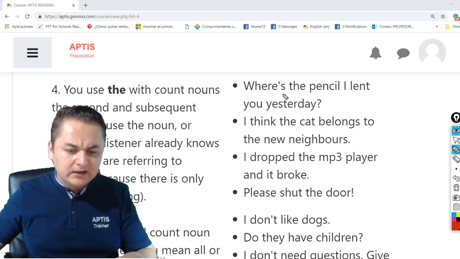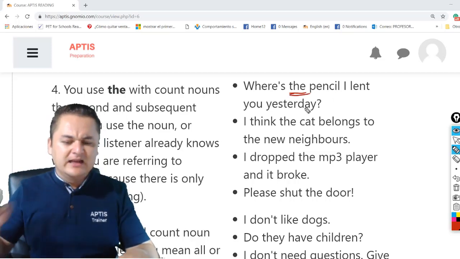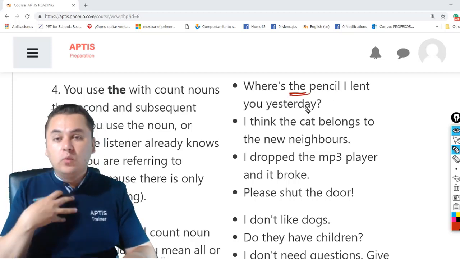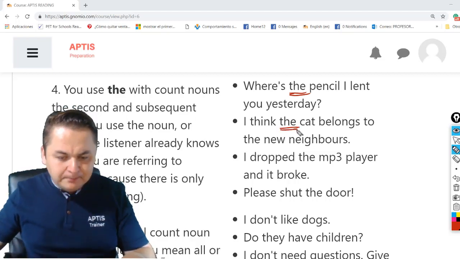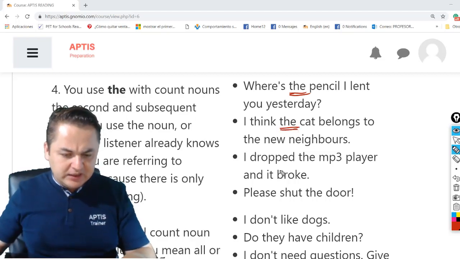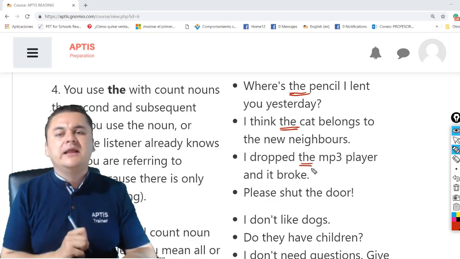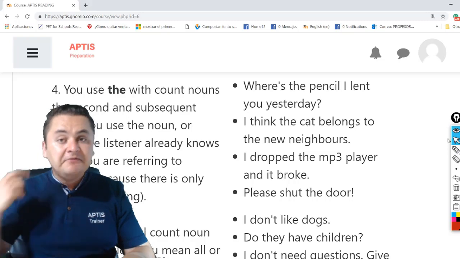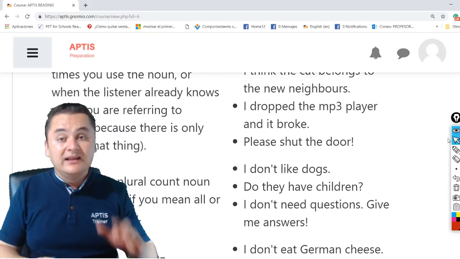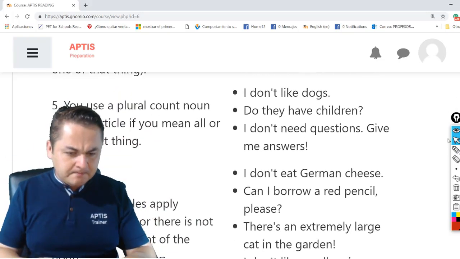So I can say, where is the pencil that I lent you yesterday? So you know what I am referring to. I think the cat belongs to the new neighbors. I dropped the MP3 player. So when I mention the object, I am referring to an object the listener already knows.